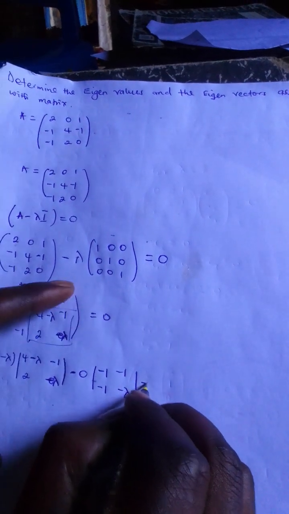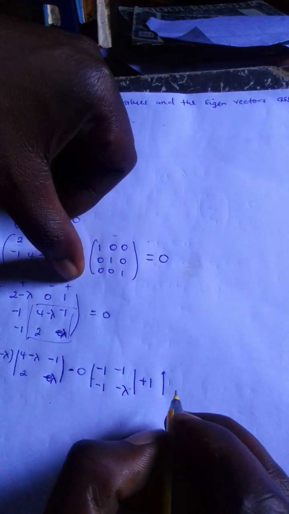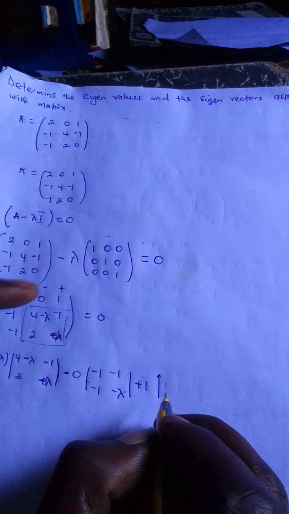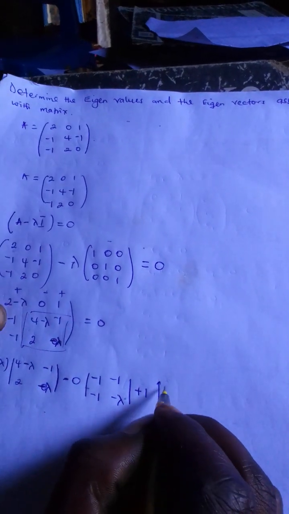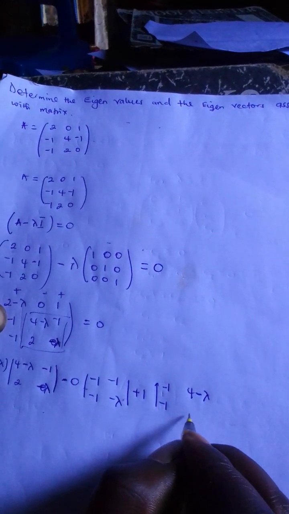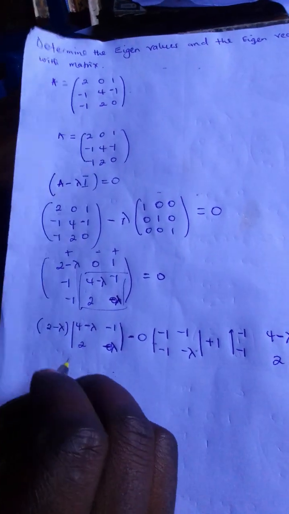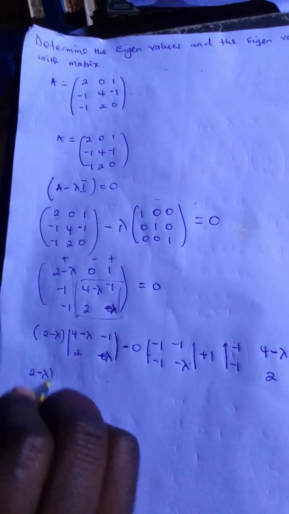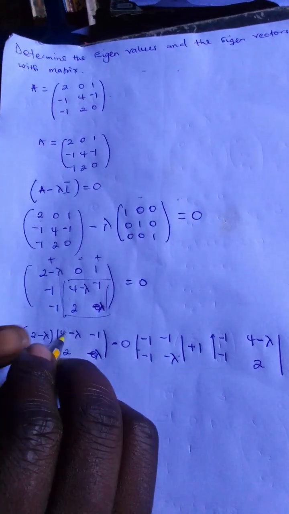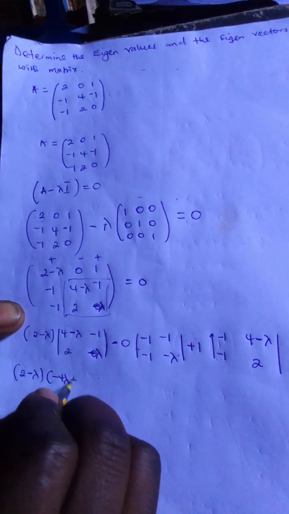Then we add 1 into, we close this row and this column, then we come with -1, -1, 4 minus lambda, then here we come with 2. And from there, we shall have to multiply the determinant of this bracket, whereby it will be 2 minus lambda into 4 minus lambda times negative lambda, which is -4 lambda plus lambda squared.